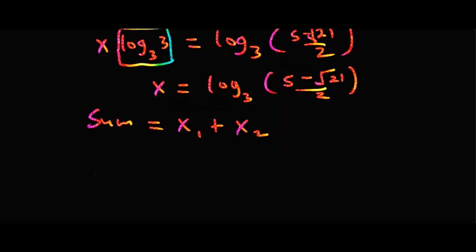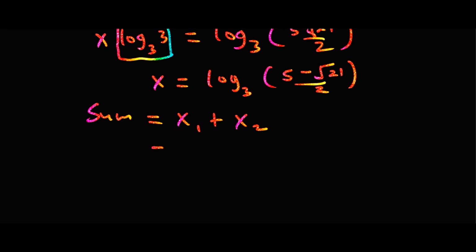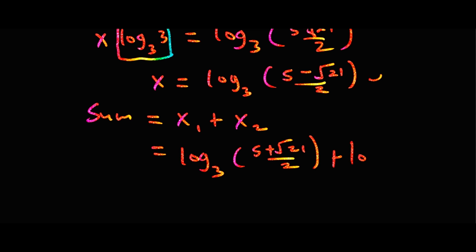Remember, the first x was log to base 3 of 5 plus root of 21 over 2, and now plus the second one.